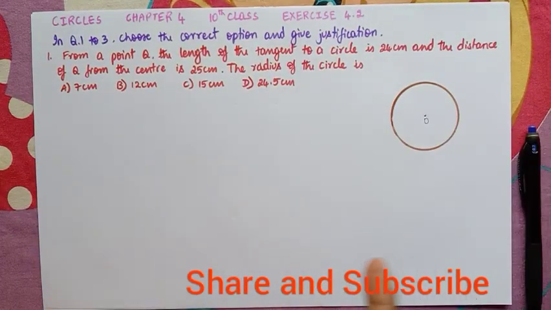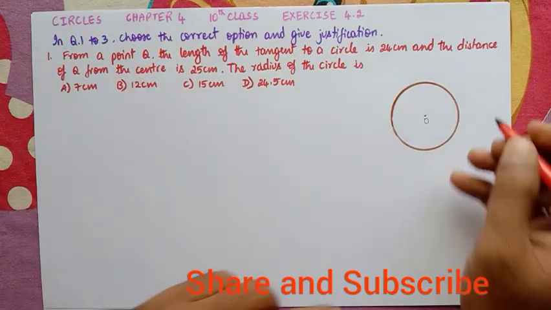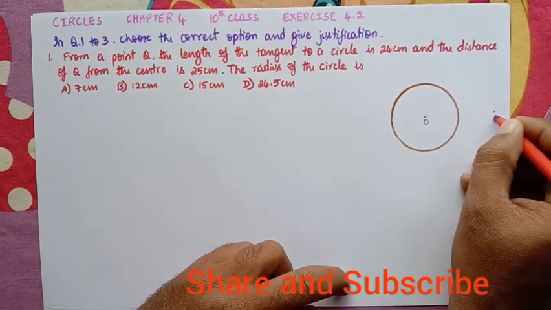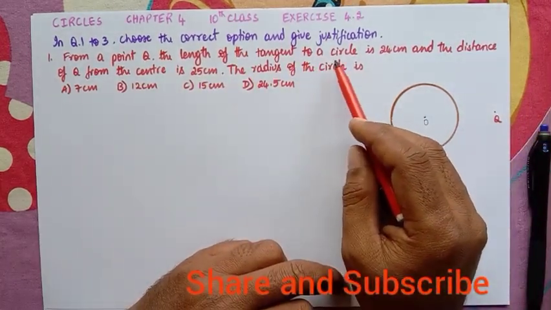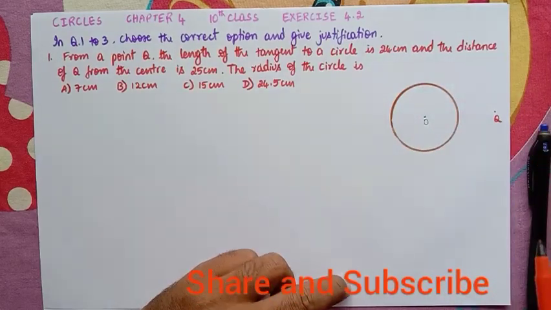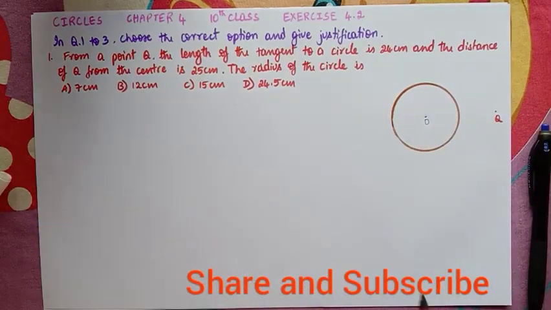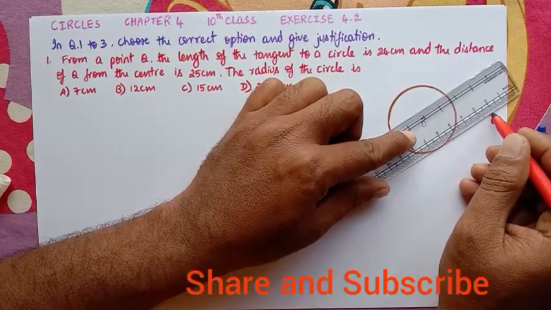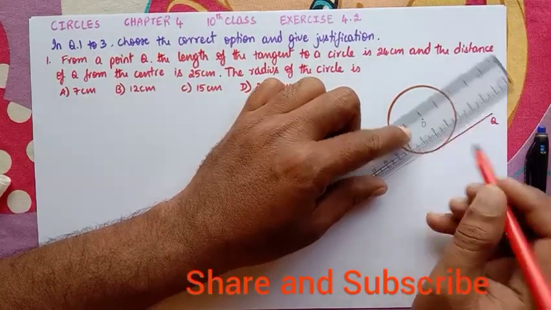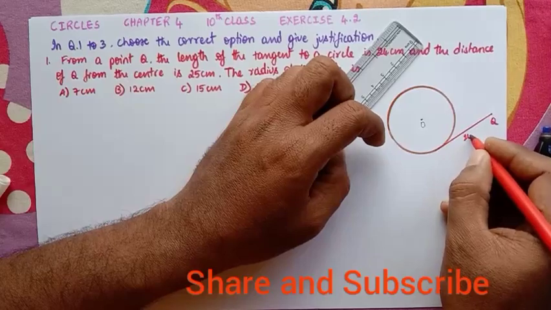There is a point Q. And the length of the tangent to the circle is 24 centimeter, so let me draw a tangent. This one is 24 centimeter.